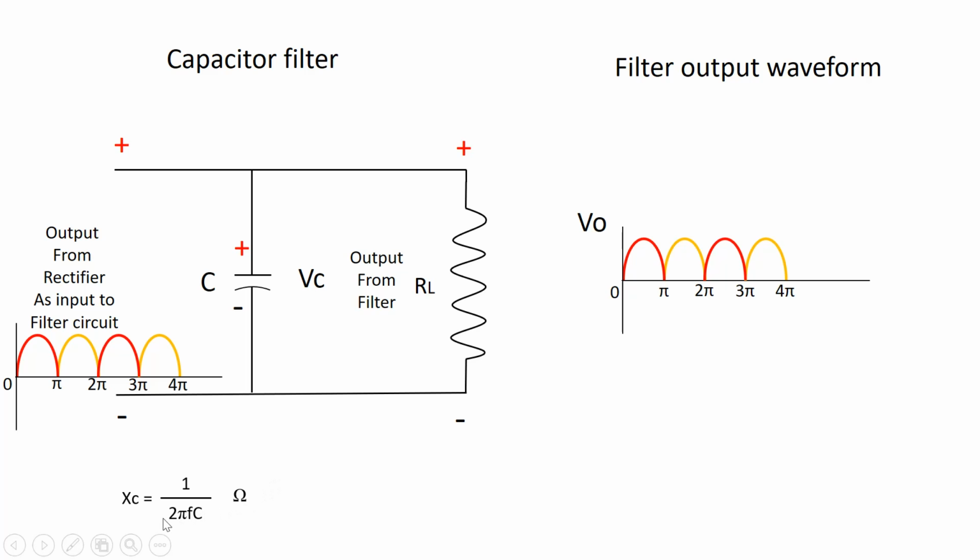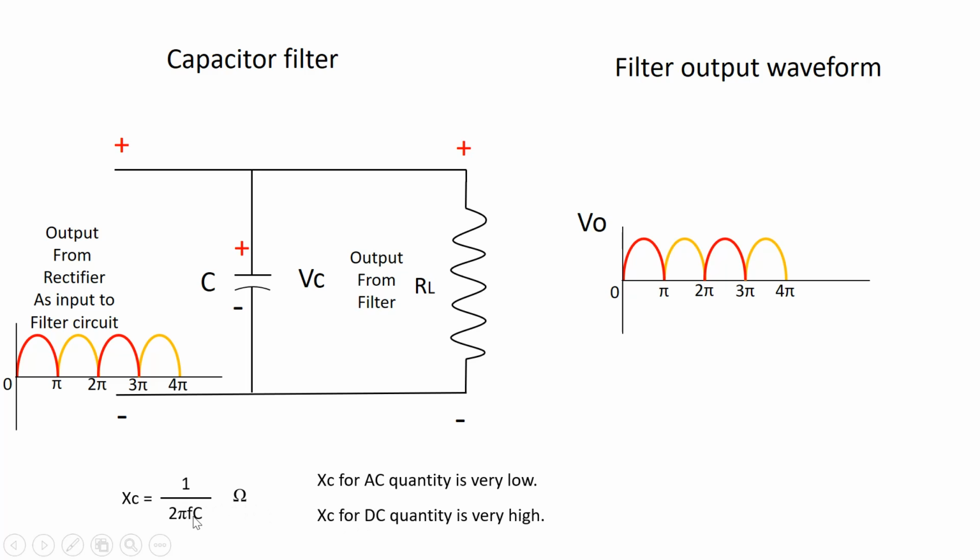As this Xc, the capacitive reactance, is inversely proportional to the frequency, it offers a very low value of capacitive reactance, meaning opposition, for the AC quantities, and offers very high opposition for the DC quantities, as the frequency of DC quantities is very low.